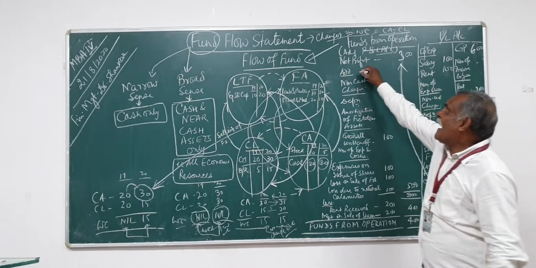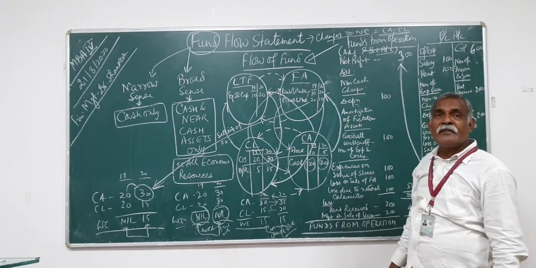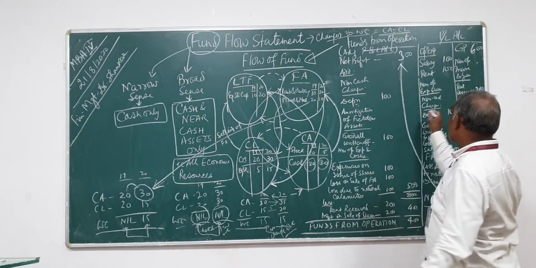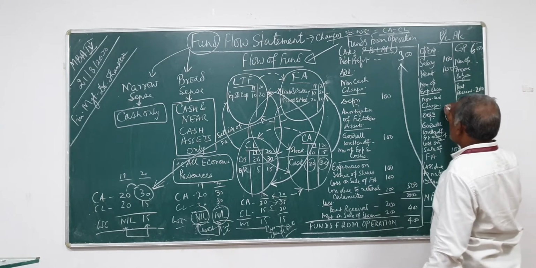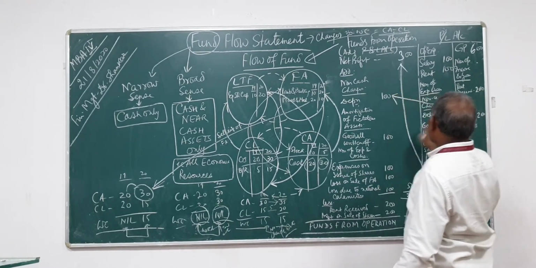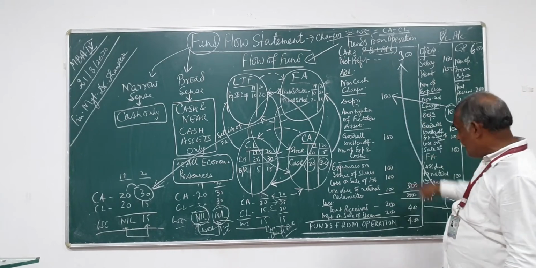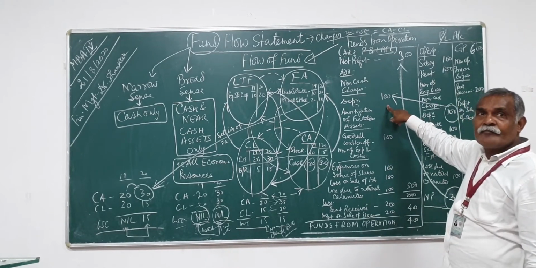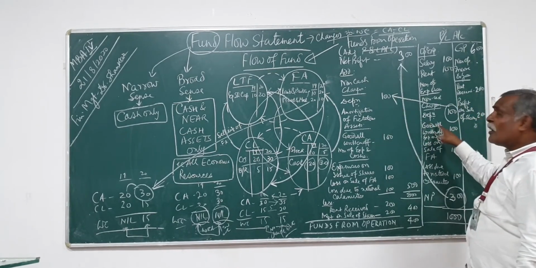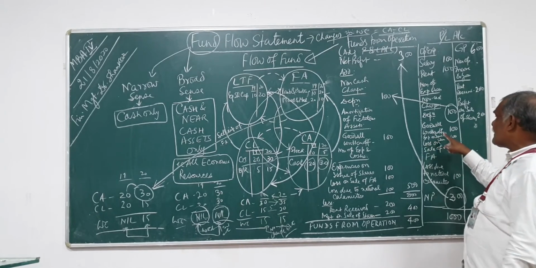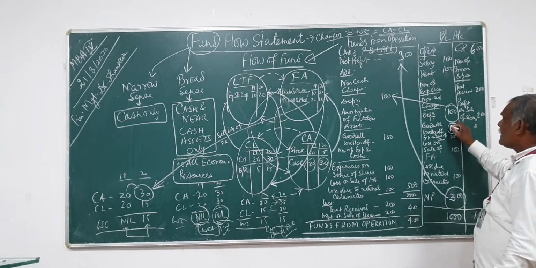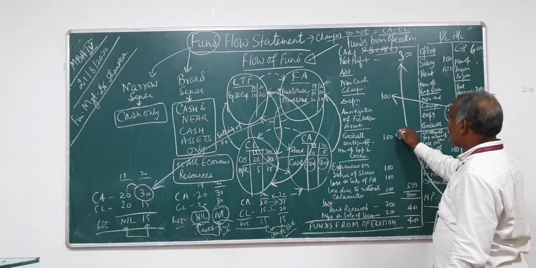After that, we have to re-add back which item? That is non-cash charges, depreciation. Depreciation we will add here. Why? Because of this our net profit is decreasing, so there is a need to re-add back. Again, amortization of fictitious assets, that is goodwill written off. Goodwill written off, we have to re-add back.